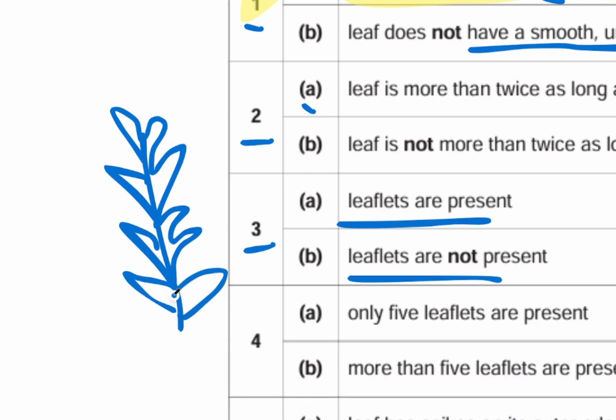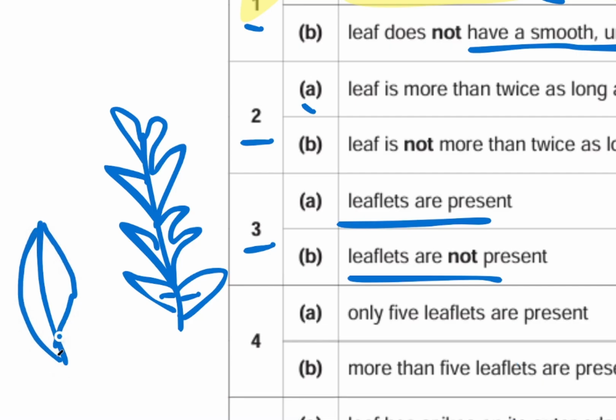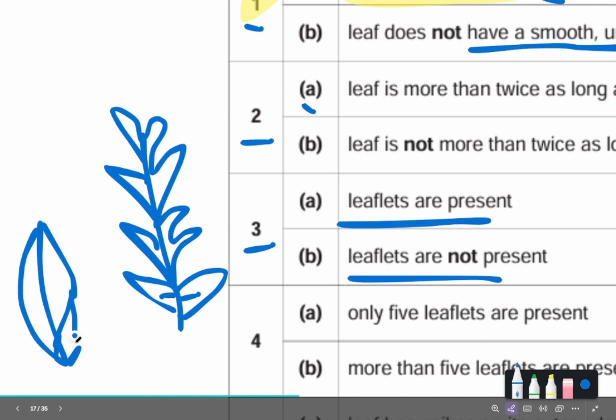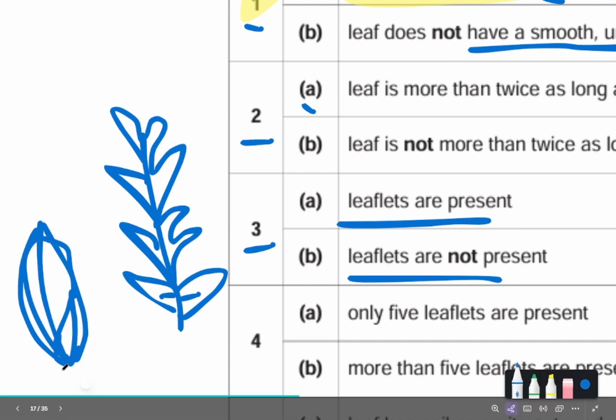So if small leaves are coming out of it like this, these are going to be known as leaflets. But if there's just one giant leaf like this, then it is going to be a leaf. There are no leaflets present on it.